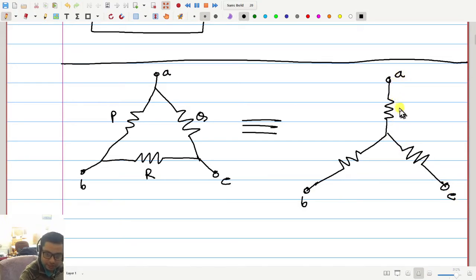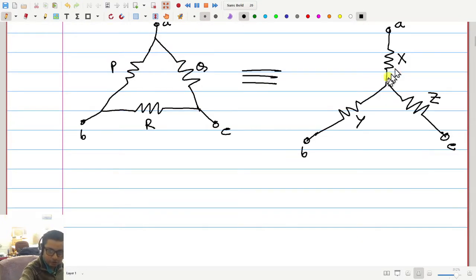And let me call these three resistances X, Y, and Z, such that the values of X, Y, and Z are related to P, Q, and R as follows.